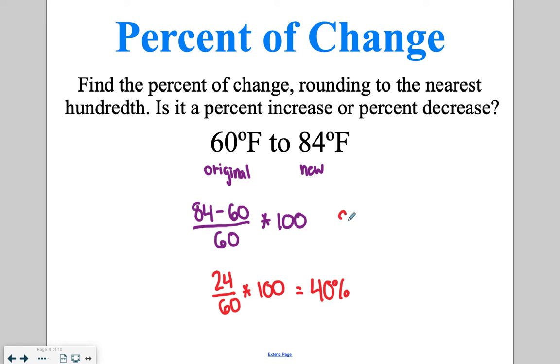If you had typed into your calculator 84 minus 60 divided by 60 times 100 without solving the numerator, just as it is written right there, your calculator would have given you an answer of negative 16, which is not the correct answer. What your calculator is doing is following PEMDAS, which is saying to do 84.